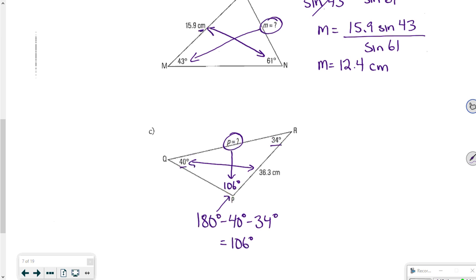So A over sine A equals B over sine B. In this case, the side we're solving for is called P. So P over sine of the angle that's directly across from that side, so sine of 106, equals the other side that I know, so the 36.3, divided by sine of the angle directly across from that one, which is the 40 degrees.